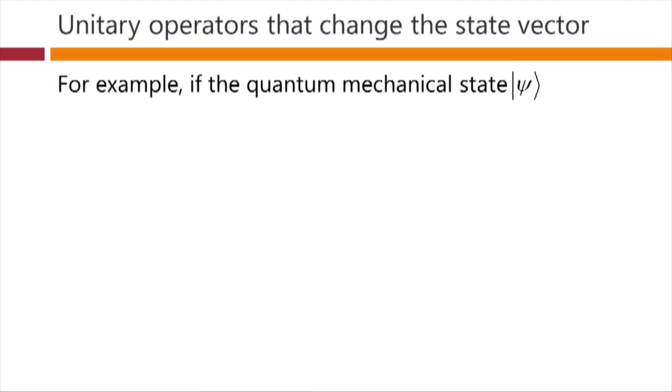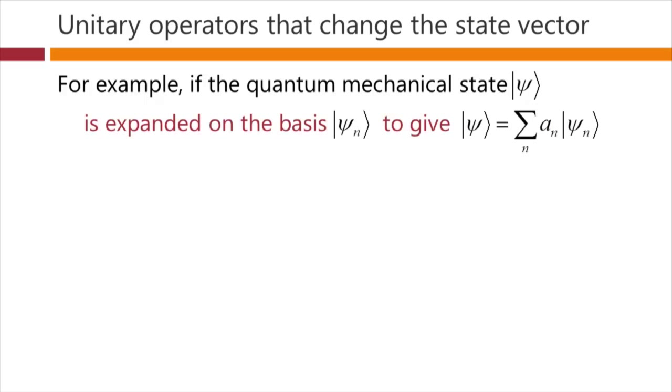So, in thinking about a unitary operator that changes the state vector, for example, if our quantum mechanical state psi here is expanded on some basis psi n, so our state psi is a sum over n of some expansion coefficients a_n times psi n, then of course the sum of the squares of these expansion coefficients is going to be 1 because our quantum mechanical state psi was presumably normalized.